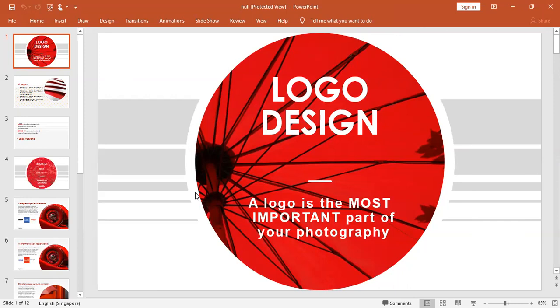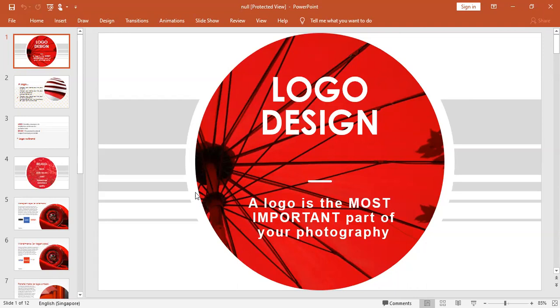That means you have to put the organization's name or family name or the gathering, the title, and then in a small area you put who the photographer is and your details.